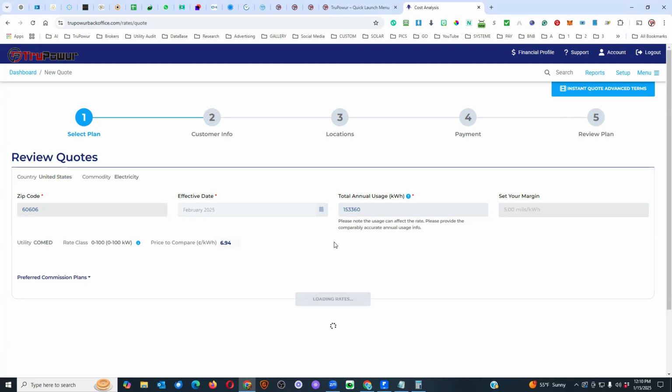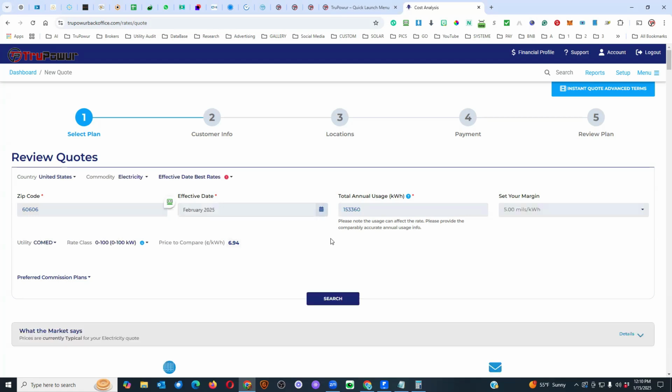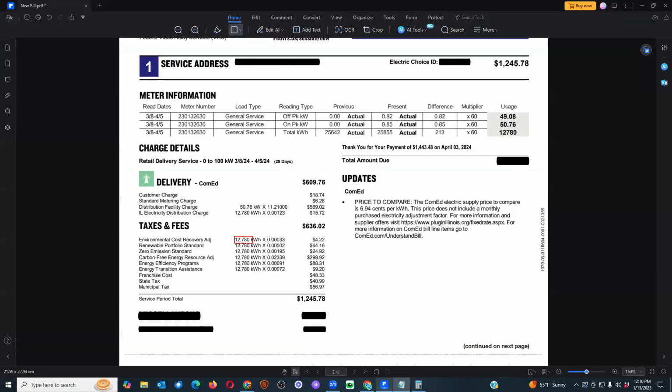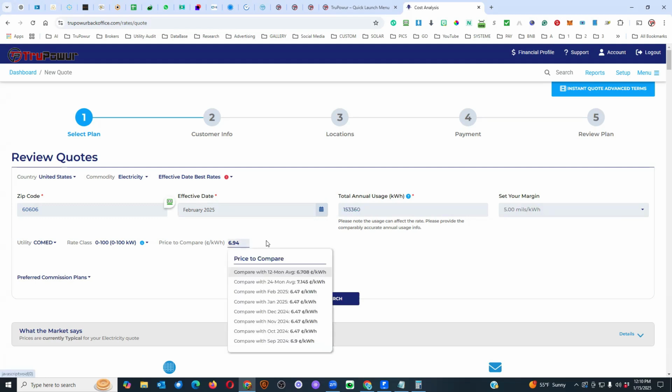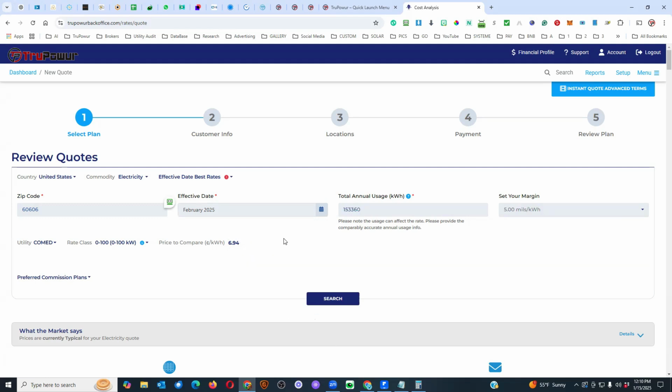So what the supplier is saying is, this is the price to compare. That is what's on the bill right here. The price to compare is 6.94. And so what we want to do is be able to put the zip code in, put their total annual usage in, and what they're currently paying. The problem is we're not looking at the entire bill.